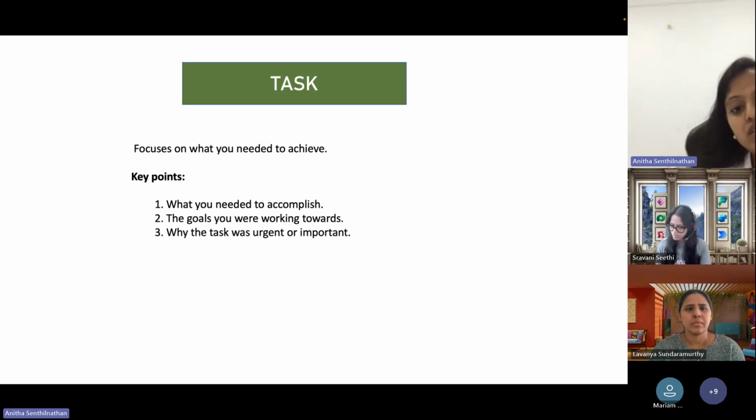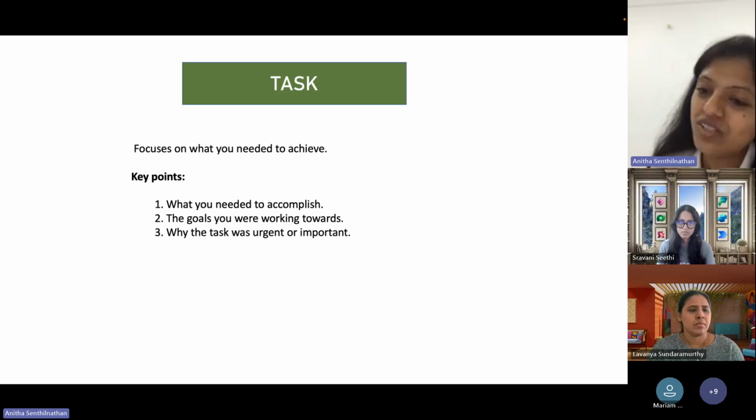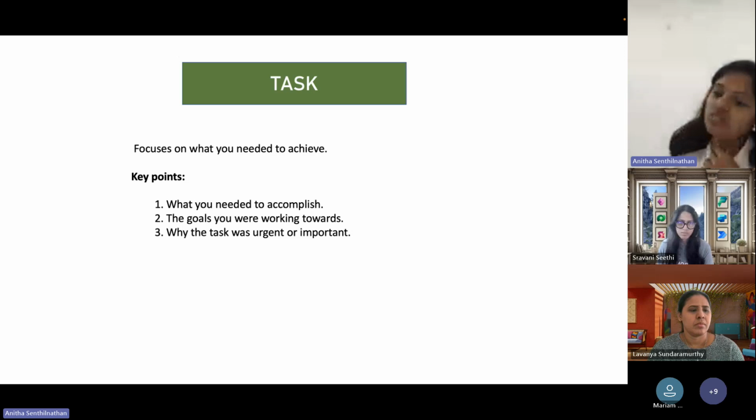Then, what the task was, and whether it was urgent or important. Because when we miss the urgency and importance of the task, the story we are going to tell, the action and result, will not be impactful to the interviewers. So we need to use words like it's a critical project, or the timeline is very tight.